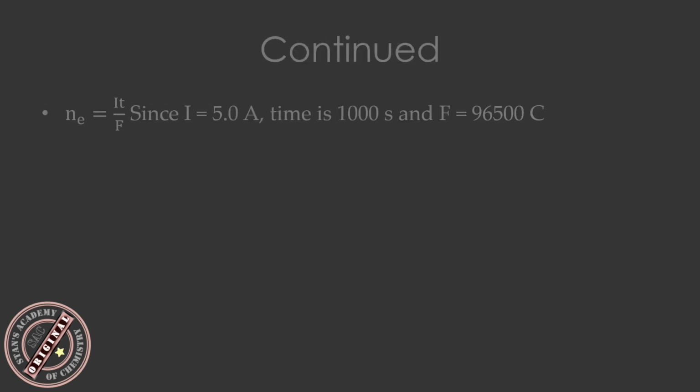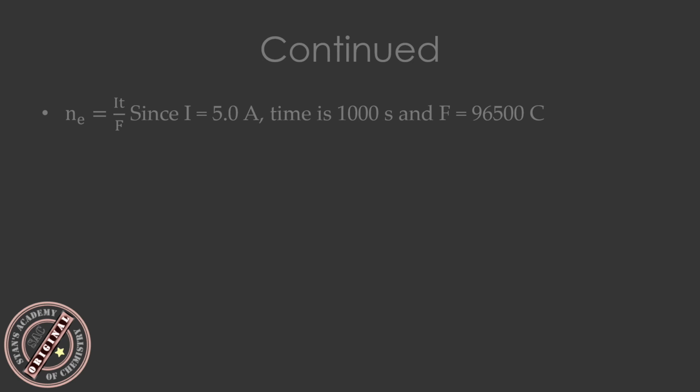So this is how we can calculate it. Number of moles of electrons is equal to total charge divided by the charge of 1 mole of electrons, so n_e = It/F. I is the current strength in amperes, 5.0 amperes. Time is 1000 seconds. And Faraday's constant is 96,500 coulombs.